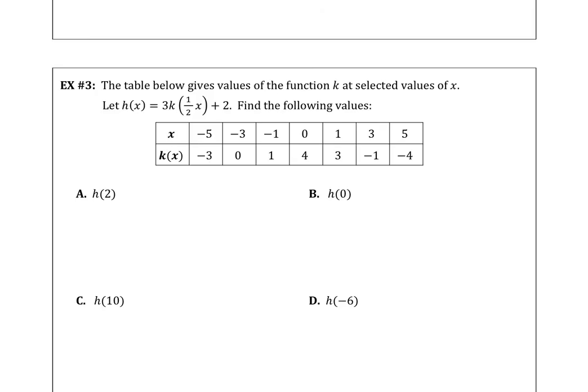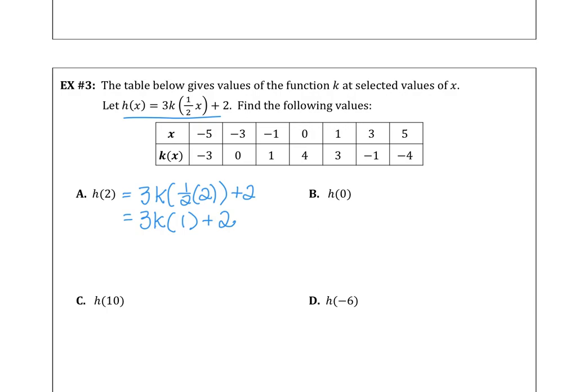So basically, we would just substitute the h of 2 into our rule up here. This is our rule: 3 times the k of 1/2 of this new x, which is 2, and we want to add 2. So following that set of rules, I've got the k of 2 over 2, which is the k of 1, and I want to add 2 to that.